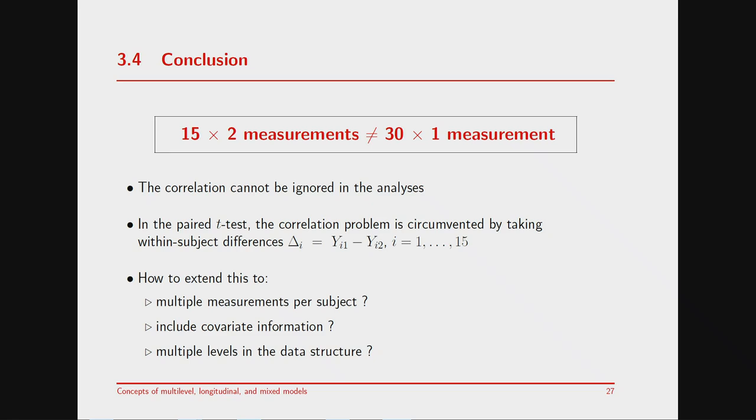But this very simple example that we have now seen for the first time shows us that this correlation which is there cannot be ignored. So we will have to deal with the correlation, otherwise you have the risk that your p-values and all your inferences based on your analysis are just completely wrong.